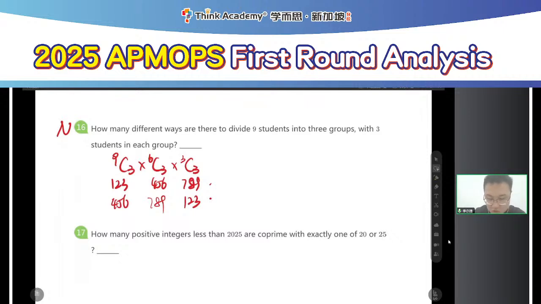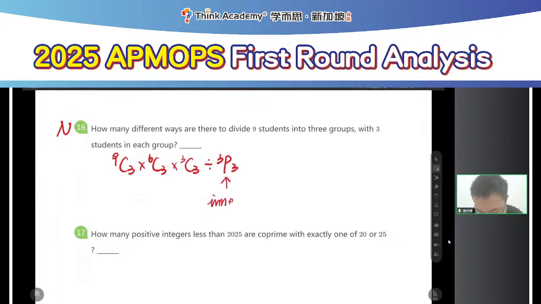So we should remove this order for their internal exchange. We should divide by 3P3. This is called the inner order. Okay, right. So you forgot to put 3C3? Hey, 3C3 is 1. It's okay if you didn't put 3C3. But you need to divide by 3P3. That's more important, right?